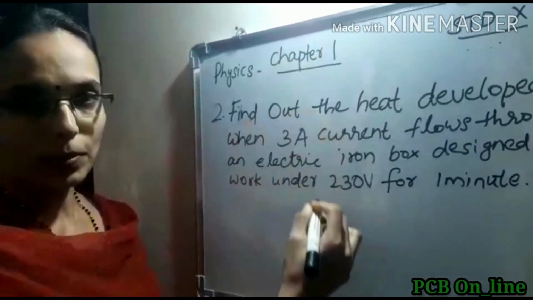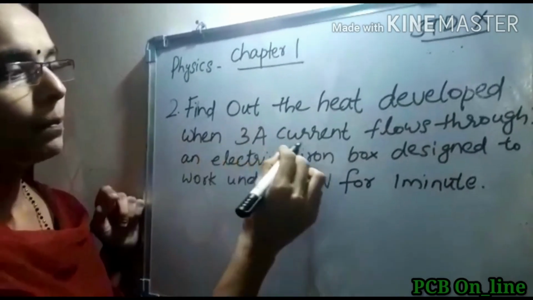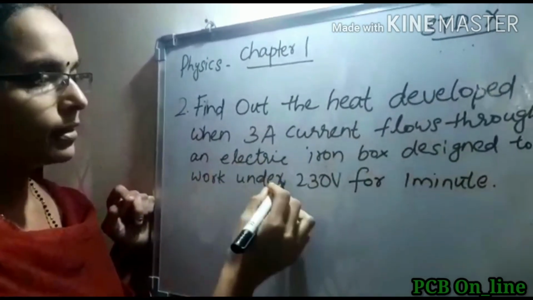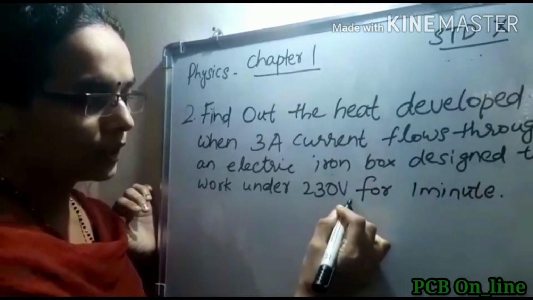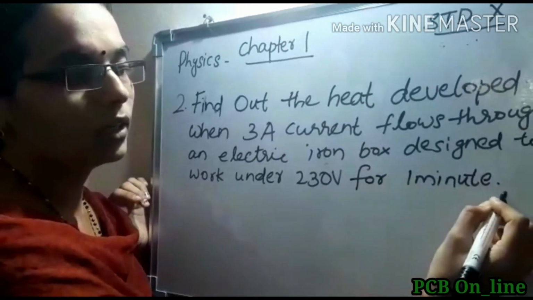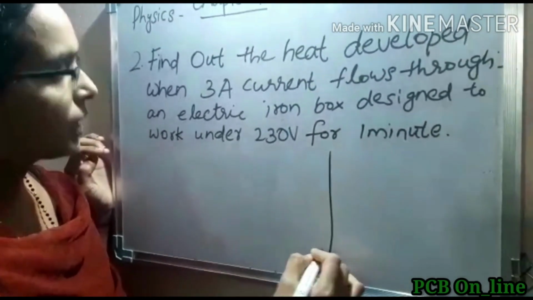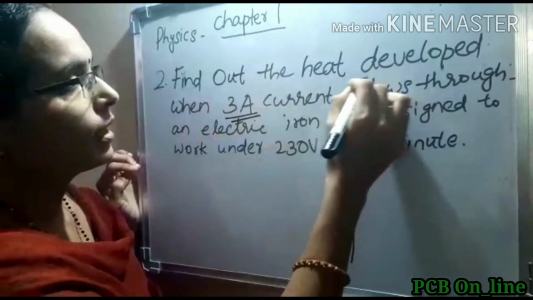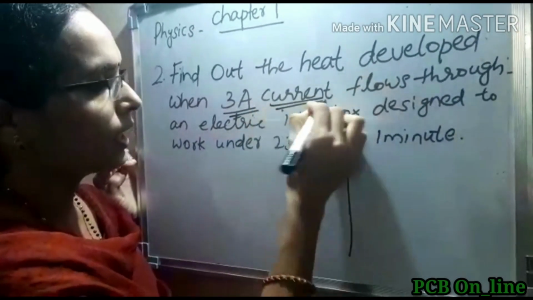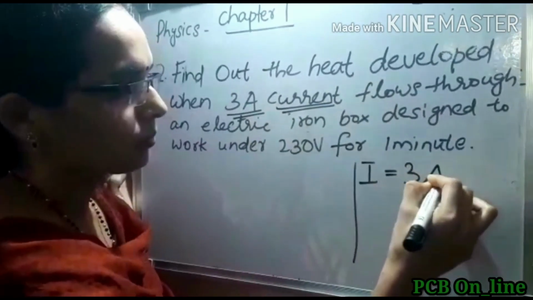Now let us do this problem. Find out the heat developed when 3 ampere current flows through an electric iron box designed to work under 230 volt for 1 minute. Here, what are the data given? First, 3 ampere current, that is I is equal to 3 ampere.